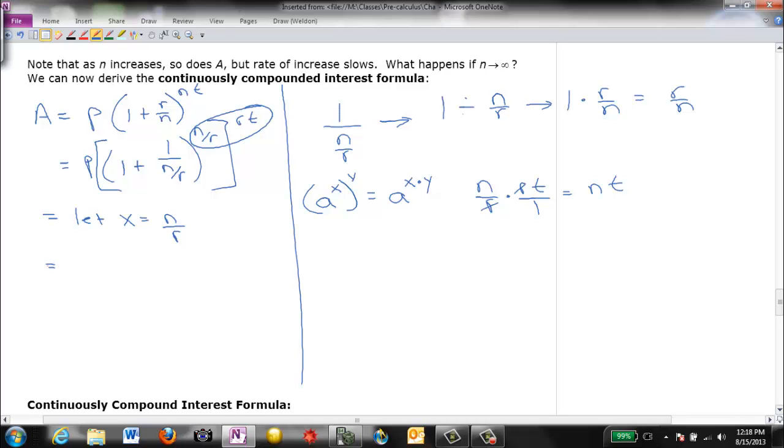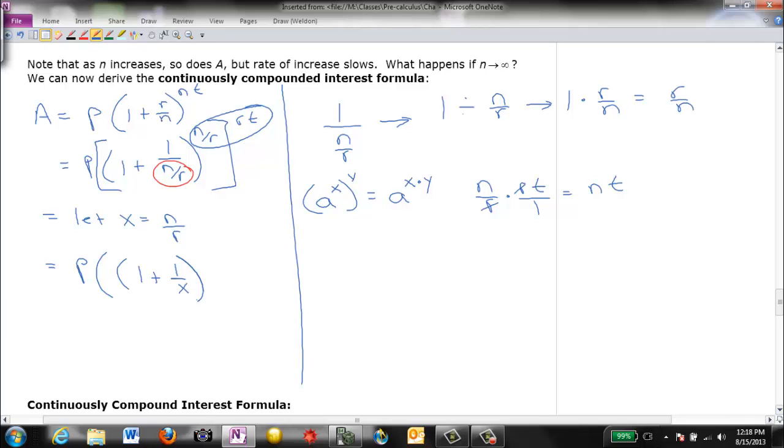Okay, so here's what we have. We have P times, I'm going to do this, 1 plus 1 over x, right? Because this n over r here becomes x. Okay, and I'm going to continue on here and close that parentheses.